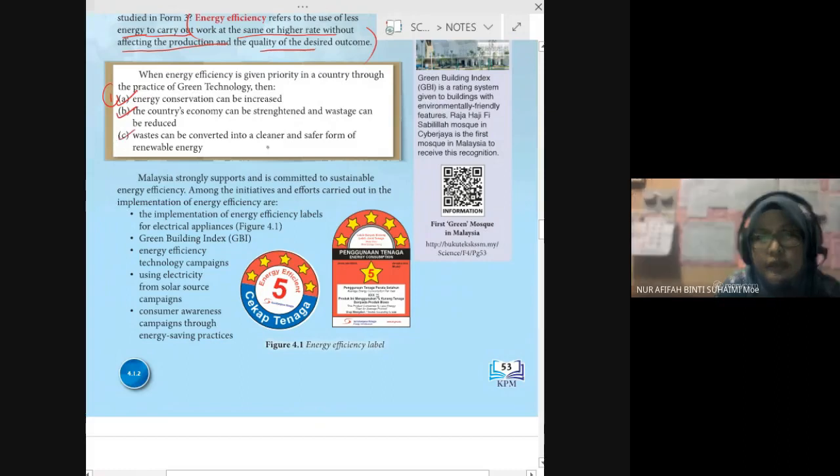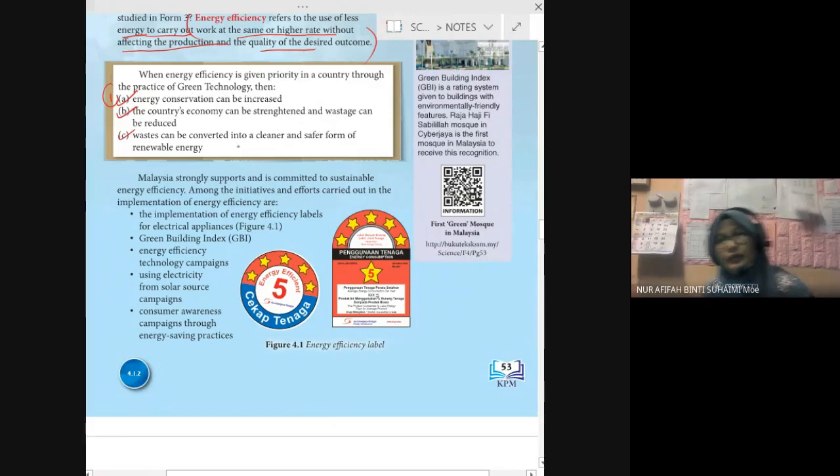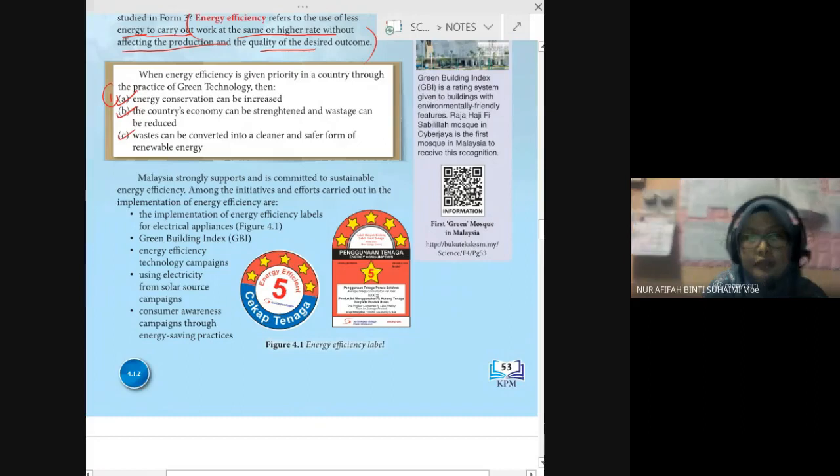Number three, waste can be converted into a cleaner and safer form of renewable energy. When we practice this green technology, we can increase energy conservation, the country's economy can be strengthened, and third, waste can be converted into a cleaner and safer form.